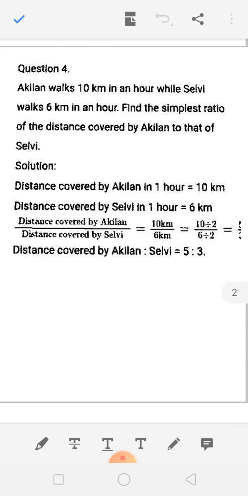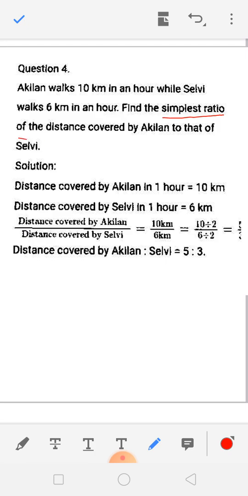In the previous sum, Agilan must be in the numerator, Selvi in the denominator, so 10 kilometer by 6.